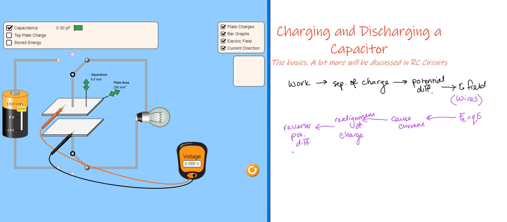And once the potential difference is 0, then current stops. And the reason that the current stops is because there is no more electric field.